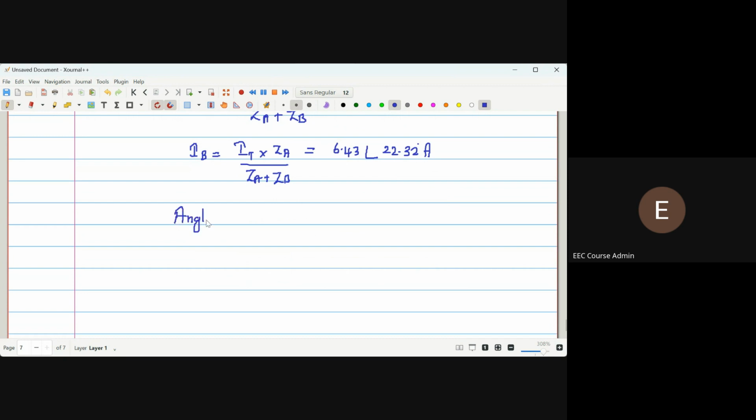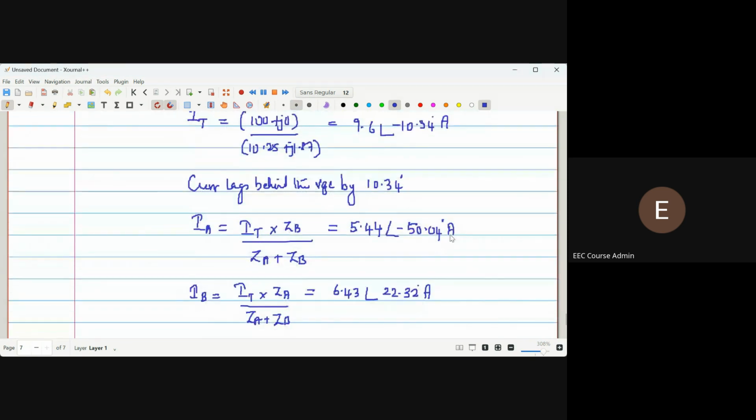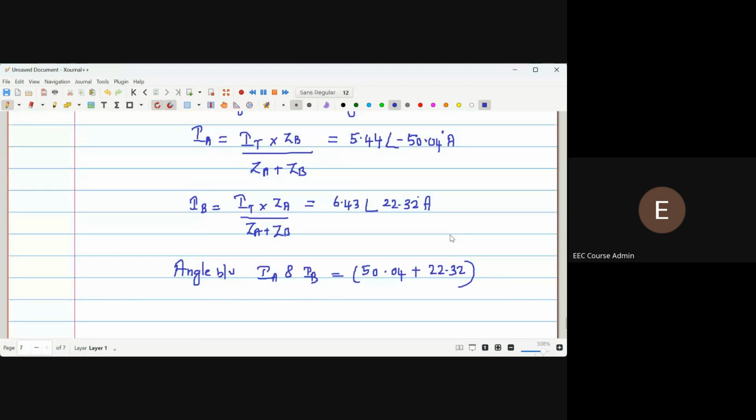For the angle between them, that was minus 50.04 and this was plus 22.32, so the angle between them will be the sum of the two, which is 72.36.